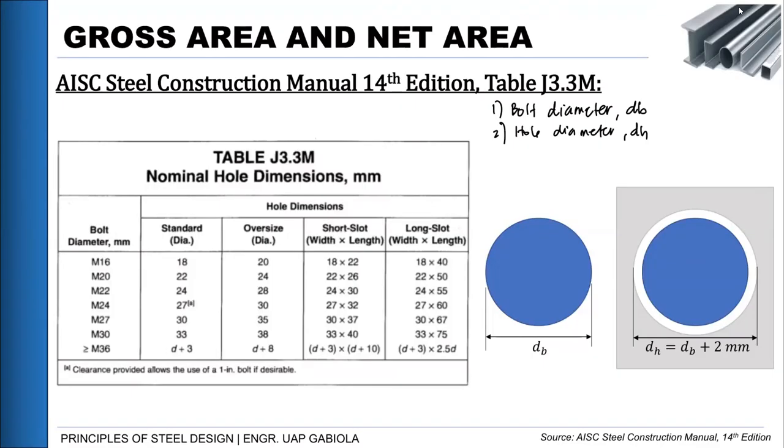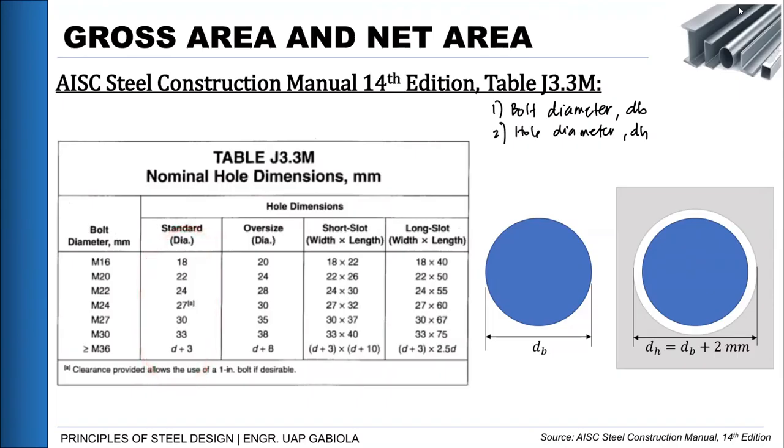Kailangan pwersahin natin yung bolt para pumasok siya exactly doon sa mismong plate natin. Or pwedeng magkameron ng friction between our body ng bolt natin and yung circumference nung hole na papasukan ng bolt. Okay? Kaya sabi ni code, we need to give allowance for that. Kaya nagkameron ng adjustment na mga values dito.